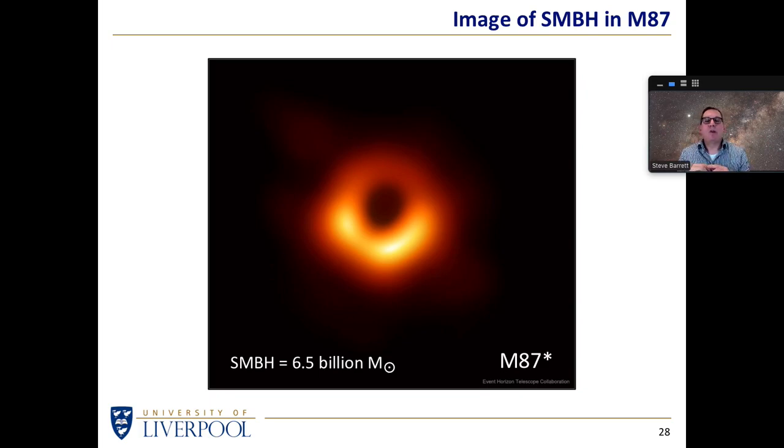So what we're looking at here, this orange donut, is matter that's been heated as it's falling into the black hole. We can't actually see the black hole itself. The black hole is the sort of shadow, if you like, in the middle of this donut, but we're seeing light that's being generated because matter is falling into the supermassive black hole and is getting heated and is producing electromagnetic radiation, which we're now picking up.